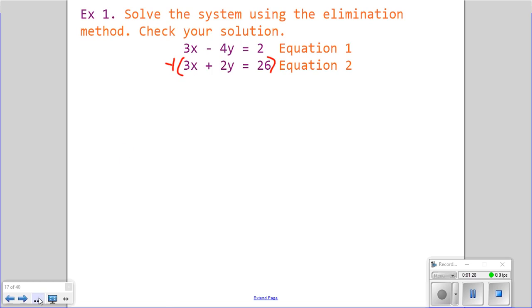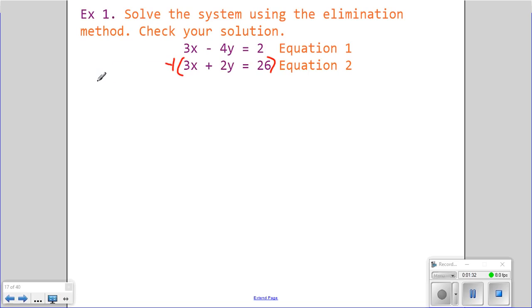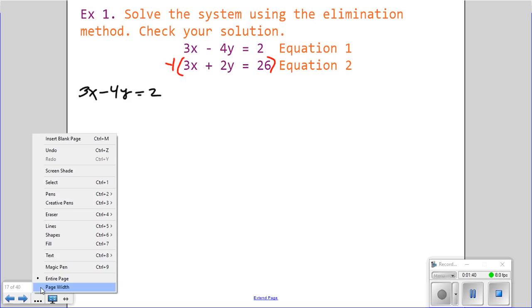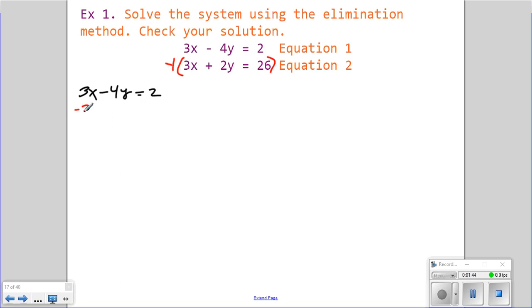Either one, it doesn't matter. So when I have completed that task, I would have my original equation 1, 3x minus 4y equals 2, and my revised equation 2 is now negative 3x minus 2y equals negative 26.